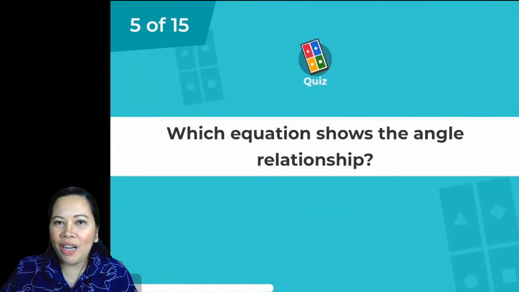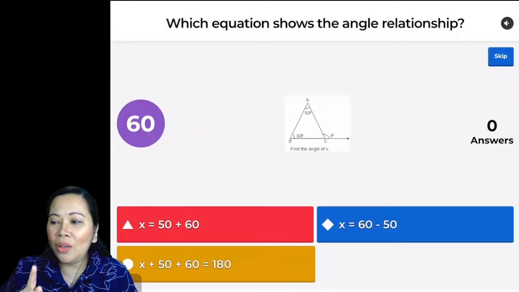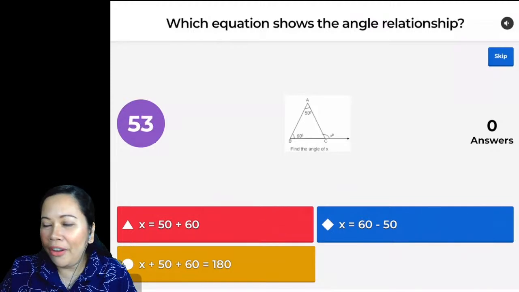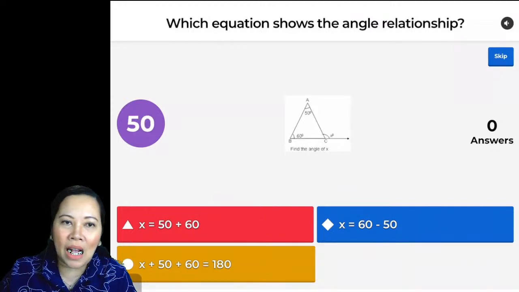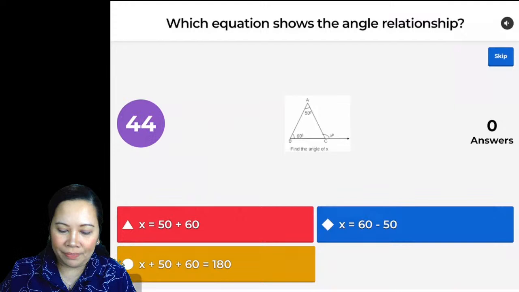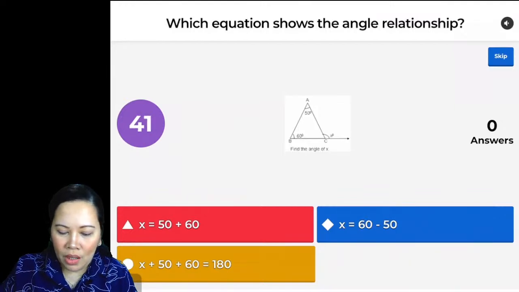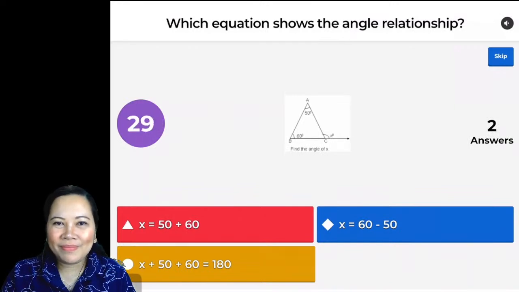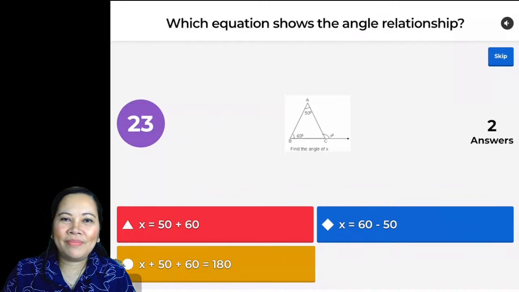All right, question number 5. Which equation shows the angle relationship? That's 50, 60, and then there is an x outside. Which do you think is the relationship?